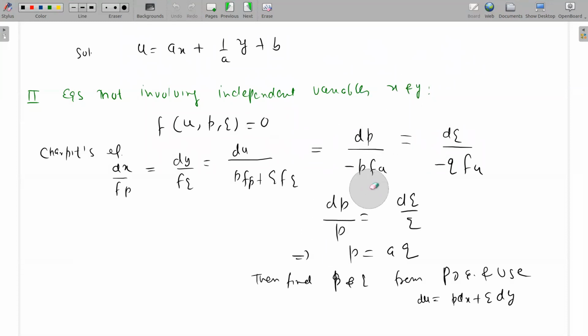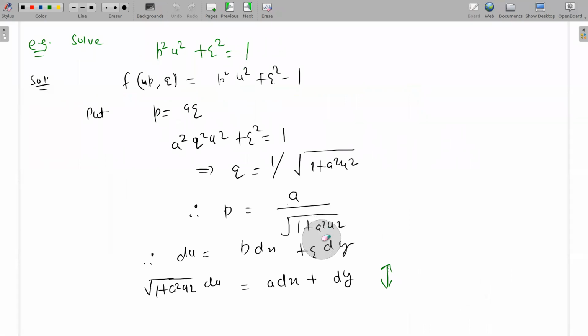So in that case, from the last two equations, it comes out that p equals some constant times q, or you can say q equals some constant times p. So by putting the value of p or q, you can solve for the other variable from the given equation. Then the solution is given by integrating du equals p dx plus q dy.